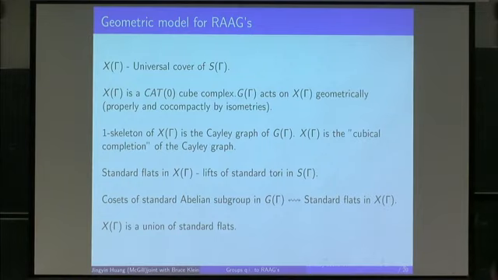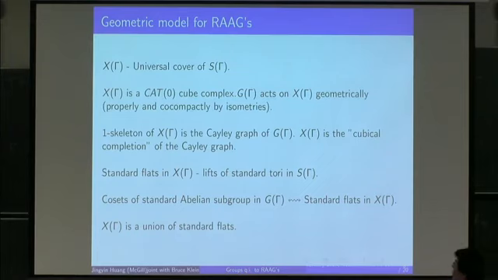Since downstairs the Salvetti complex is a union of tori, the universal cover X of gamma is a union of standard flats. So the way we want to think about this space is that we pick a bunch of Euclidean spaces and glue them in some complicated fashion determined by gamma, and the pattern of how these Euclidean spaces are glued will be crucial to understanding the quasi-isometric rigidity of RAAGs.